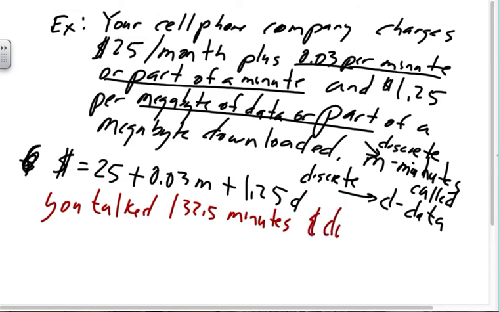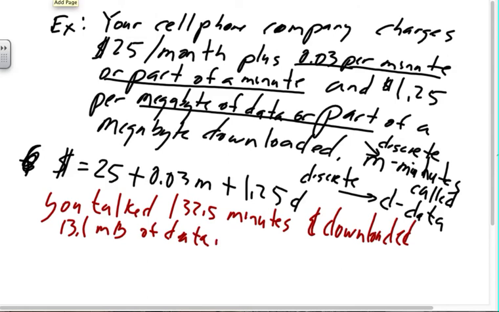And downloaded 13.1 megabytes of data. And you want to figure what your charge is going to be that month. Because you know if you go too much, mom and dad are going to take your phone away from you.